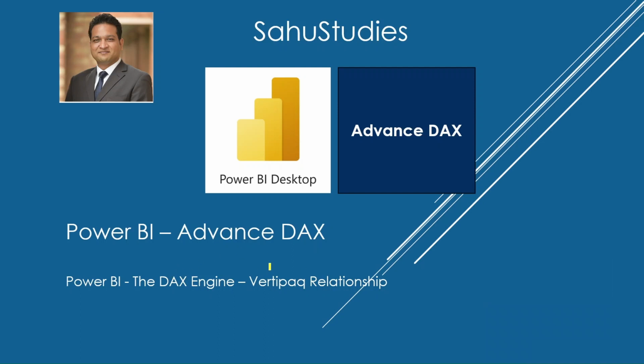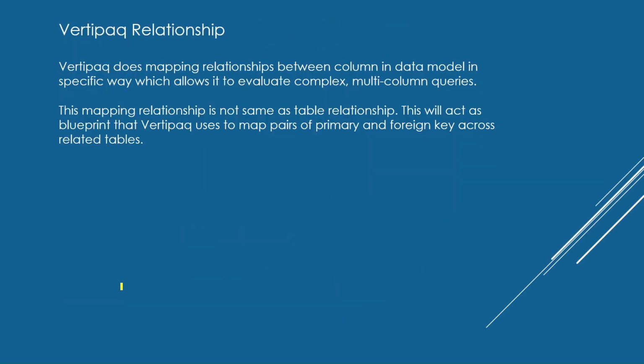In this video, we are going to discuss about VertiPaq relationship in Power BI. So VertiPaq does mapping relation between columns in the data model in a specific way which allows to evaluate complex and multi-column query. This is very simple, right?